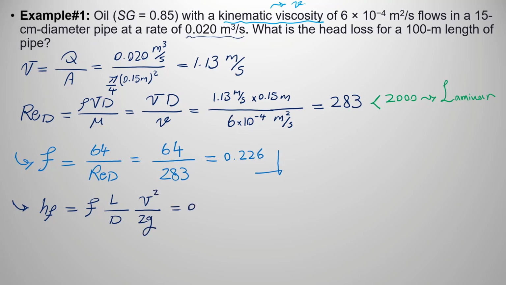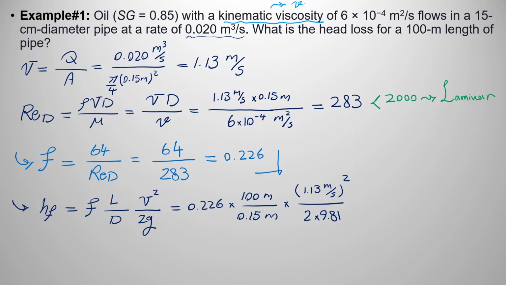So F is 0.226. Length of the pipe is 100 meters. Diameter of the pipe is 0.15 meters times velocity squared, which would be 1.13 meters per second, divided by 2 times 9.81.